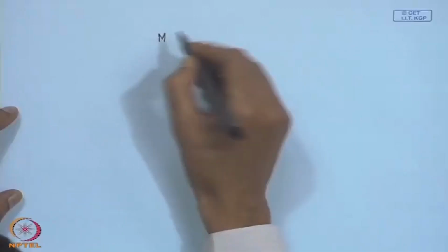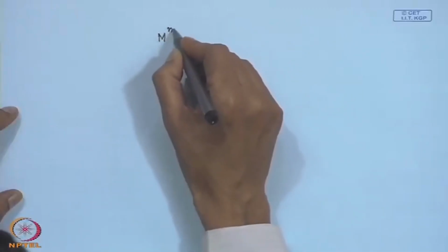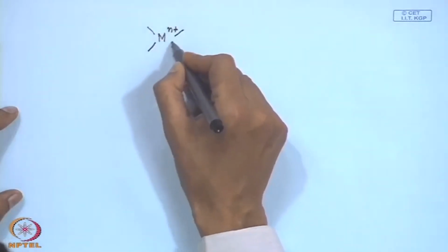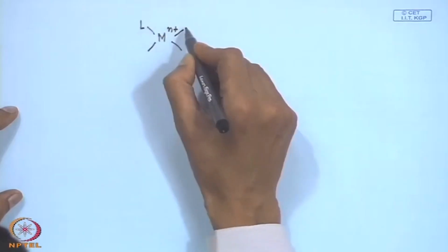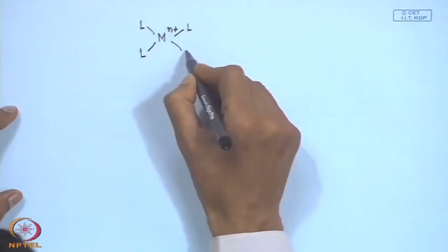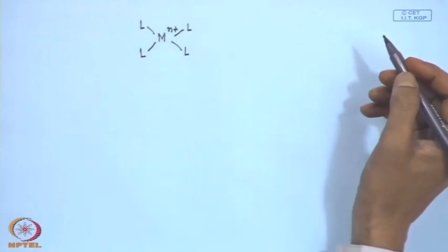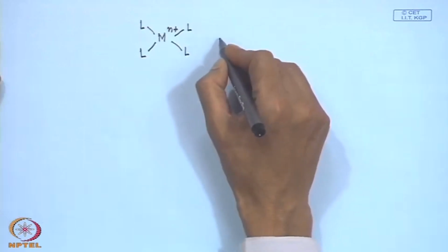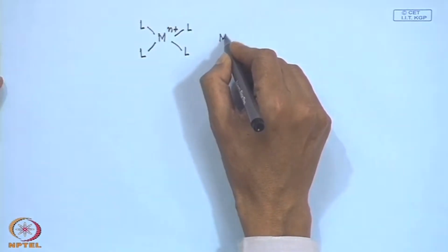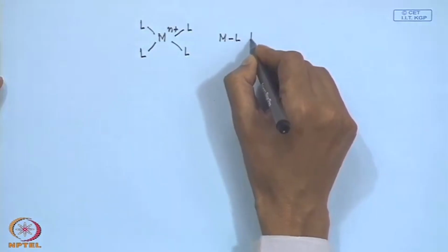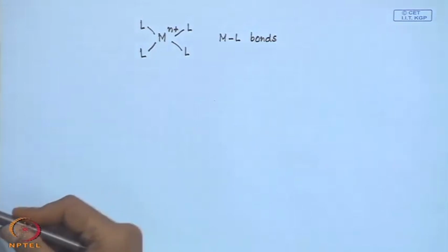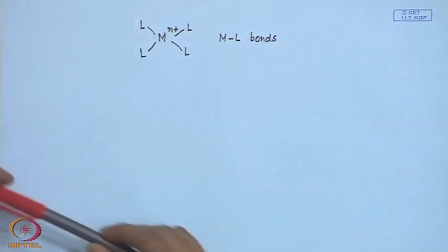As we have seen, whenever we have a metal ion forming some complex with the ligands, and if we simply consider that there are 4 such metal ligand bonds present in the final product, that means the final complex.